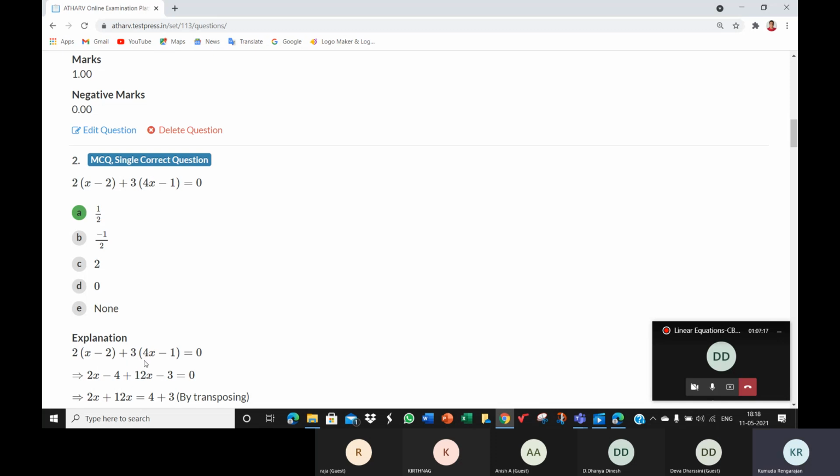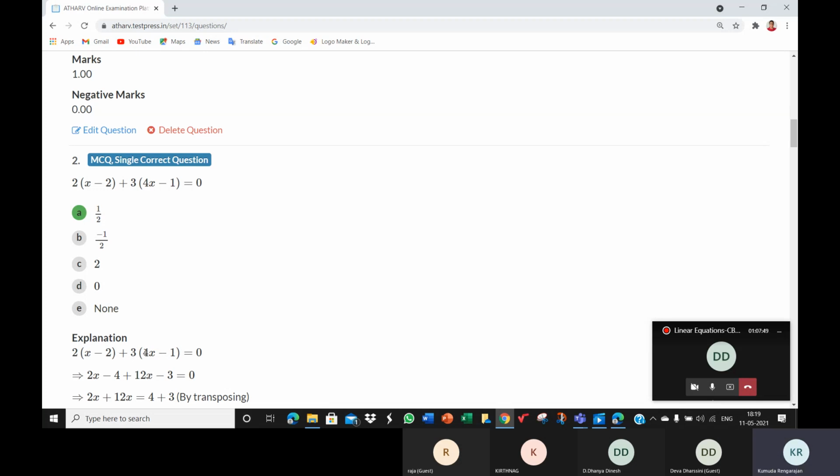Next here, this 3 has to be multiplied with the 2 terms inside the bracket. The sign before 3 is plus. The sign before 4x is also plus. And the sign before 1 is minus. Every term has a sign attached to it. How do we multiply?